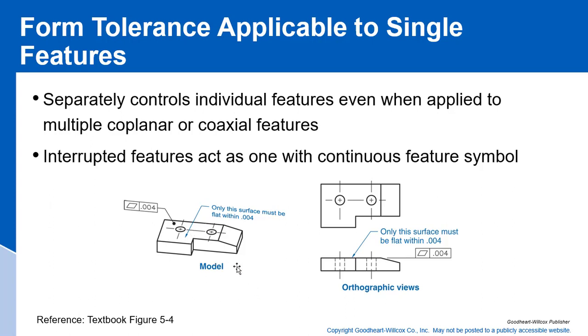If we were doing that on a model, we would show the annotation plane like this, with a leader coming down and a dot on that surface. If we were showing it on an orthographic view of a drawing, we would put an extension line from that surface and then apply the feature control frame directly to that extension line. That's how we would do that.